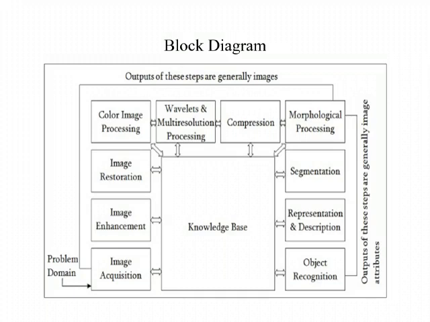The output of the rest 3 blocks, segmentation, representation and description, object recognition, and along with them the morphological processing. All these have an output that are generally image attributes. Attribute refers to the feature or quality of an image.